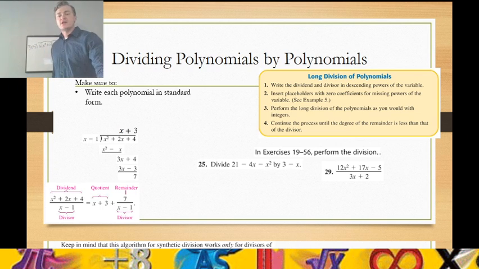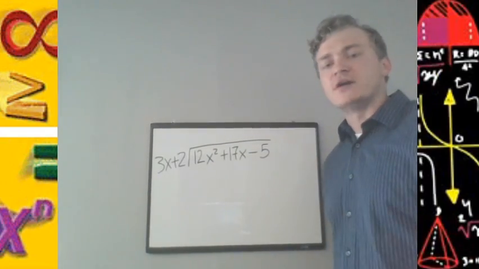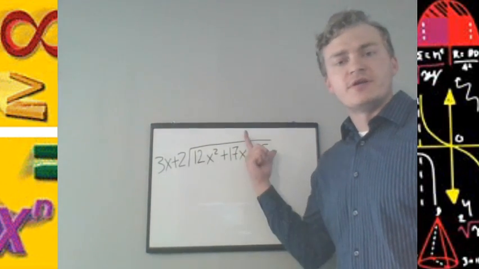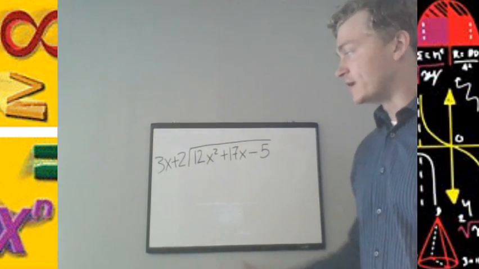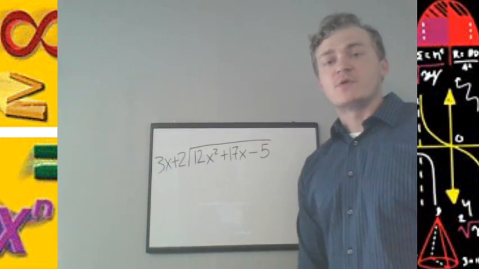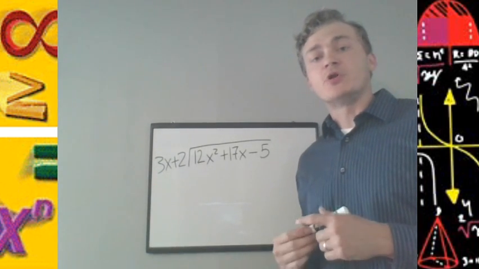Now, what we want to start here doing is to write this in the doghouse form, the dividend under the box, the divisor on the outside. Now, again, we want to know, how is 3x plus 2 going to divide into the 12x squared plus 17x minus 5? Again, we're dividing, so we're reversing multiplication steps.